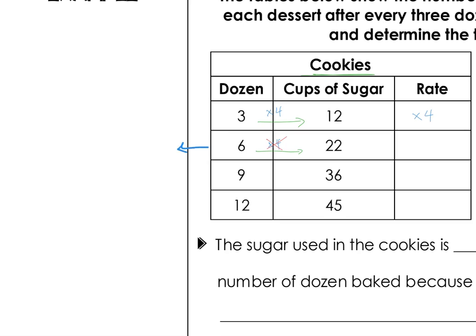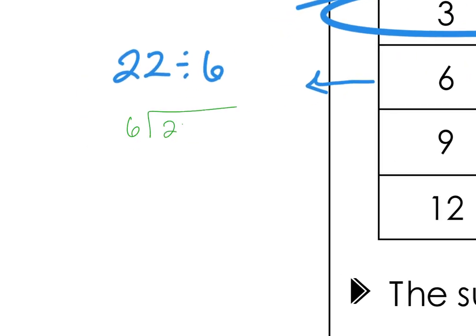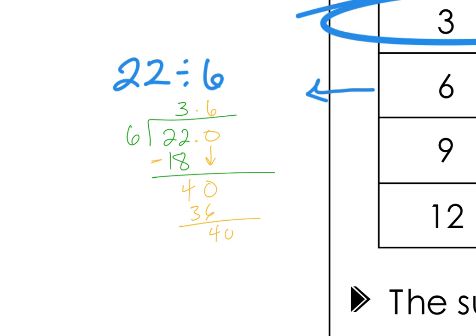In fact, how could we figure out what that rate is? Well, if you can't do this part in your head, then here's what you have to do. 22 divided by 6. So let's do that. 6 on the outside, 22 right there. This is 3, 18, right? So we subtract to get 4. Decimal. That means there's a 0. Bring that down. 6, 36, and another 4. That means we are going to get 3.6 repeating.